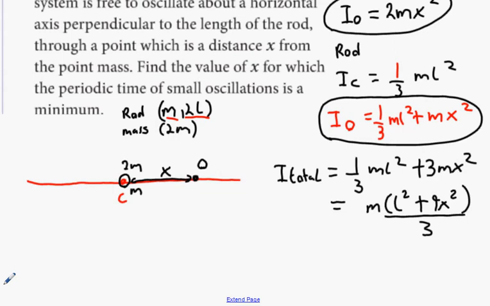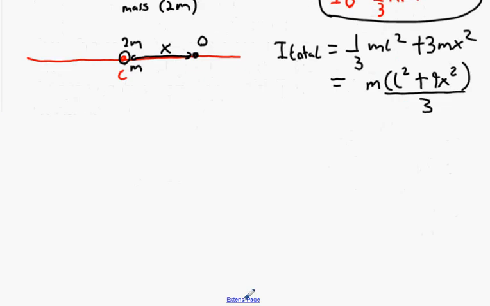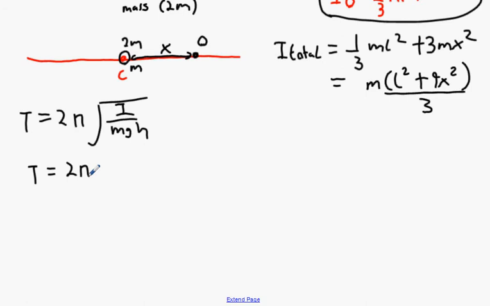Okay. Now, what we're asked next is find the value of x for which the periodic time of small oscillations is a minimum. So, we're going to use our formula T equals 2 pi square root of I all over mgh. T equals 2 pi square root of, now this big lad here, so it's going to be m bracket L squared plus 9x squared over 3.